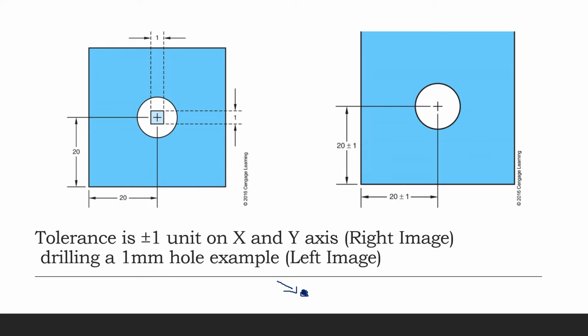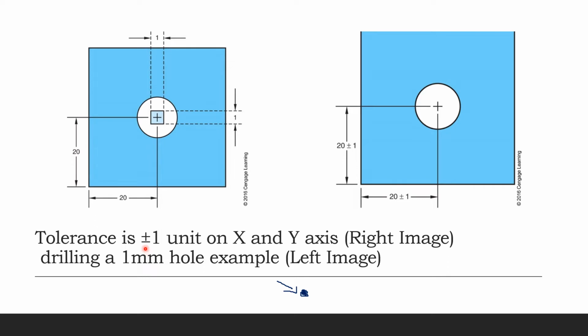Here is a little cross and a square. What we're trying to say is the diameter of the hole we're drilling in this example is 1 millimeter, and the tolerance for the size of the hole is that you can go 1 unit over and 1 unit under.